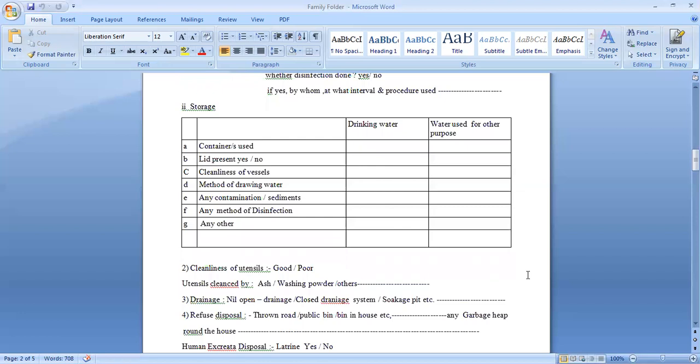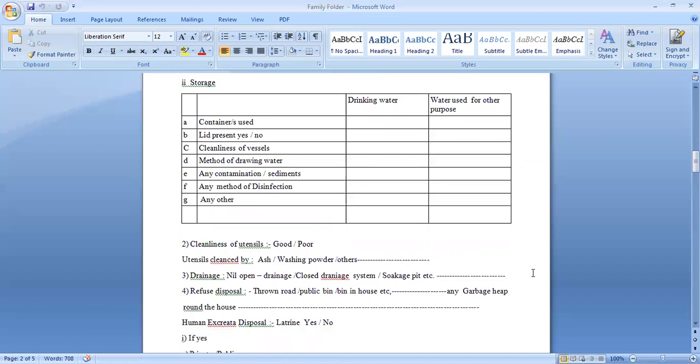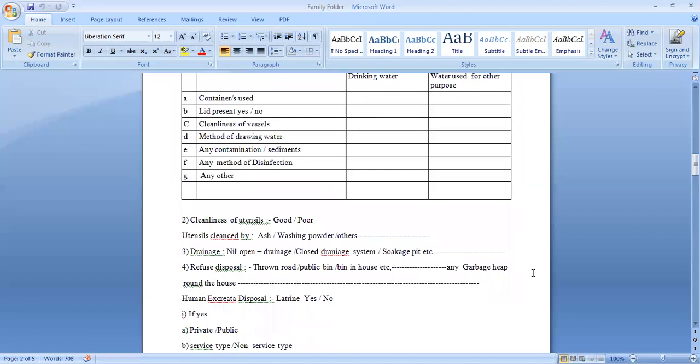Then cleanliness of utensils is important, whether the utensils are clean or dirty, whether the cleanliness is good or poor. So that you have to mention, and also what is used for cleaning the utensils, like ash, maybe washing powder or other things, you have to mention here.